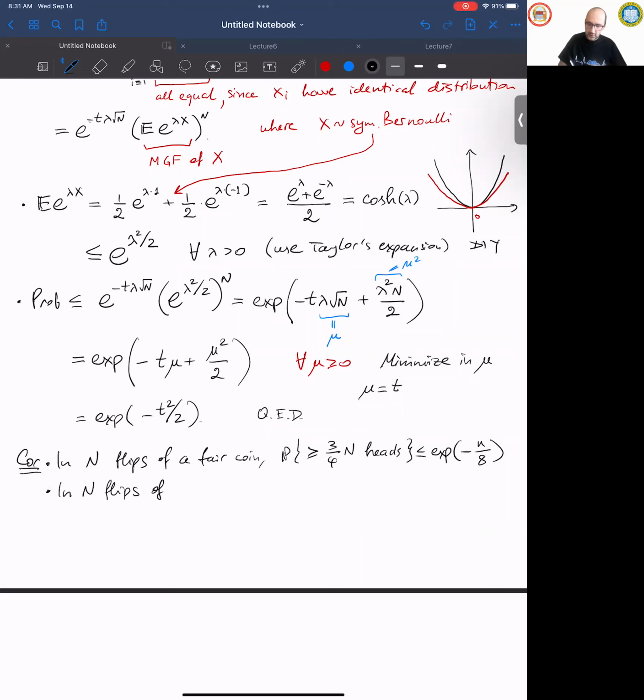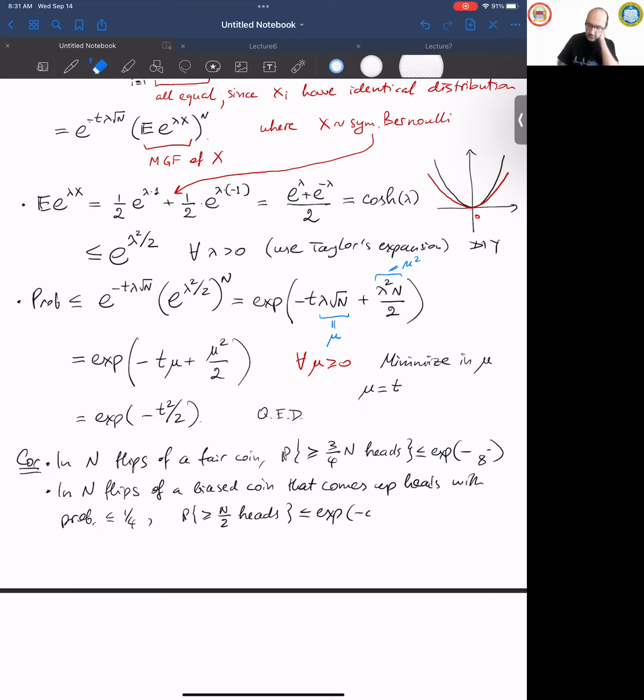In n flips of a biased coin, let's say a coin that comes up heads with probability less than 1/4, the probability of having at least half heads is also exponentially small. I can't remember the constant, but it should still be exponentially small.